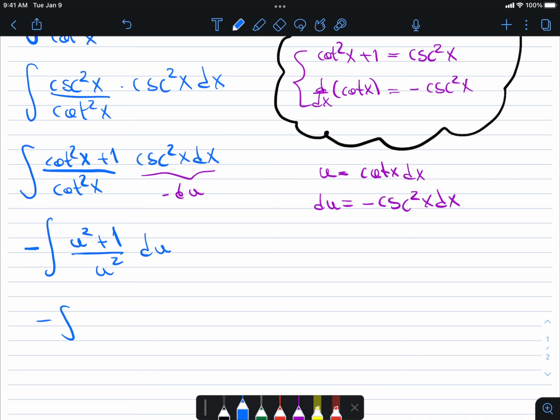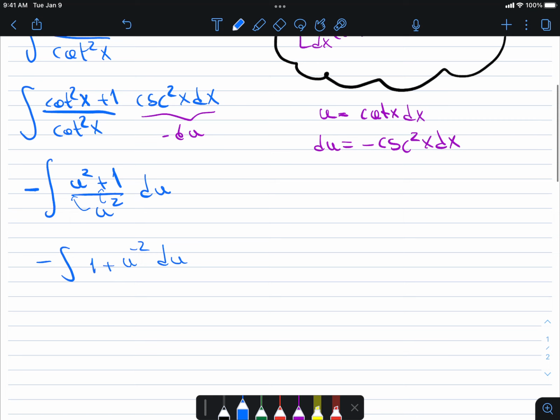So if I use the distributive property for division, u squared divided by u squared is 1. 1 divided by u squared is u to the minus 2. I can then use the reverse power rule. So this will be a u, plus, add 1 to the power, so minus 1, and divide by the power, minus 1.